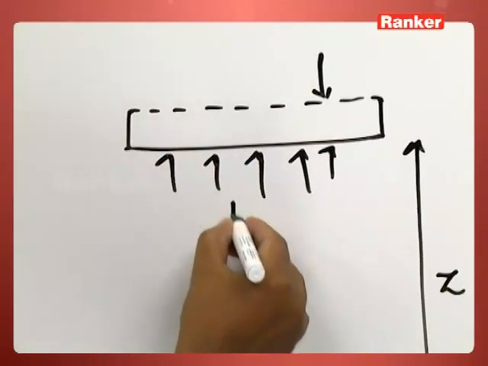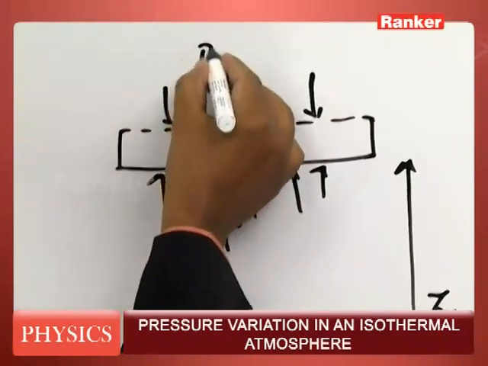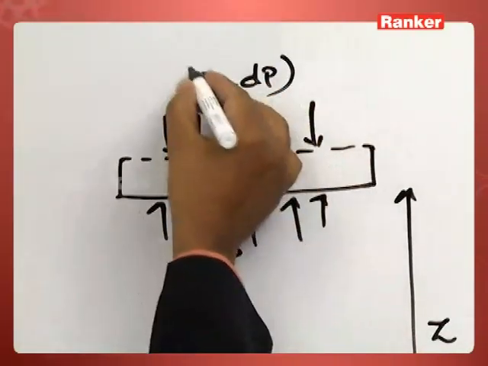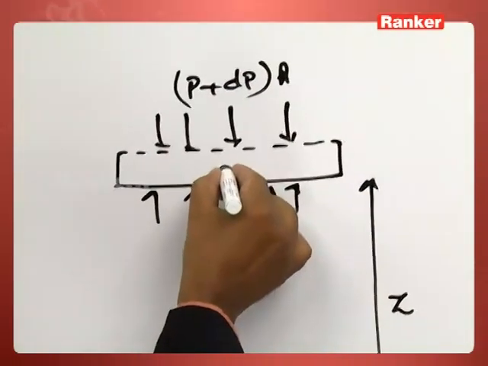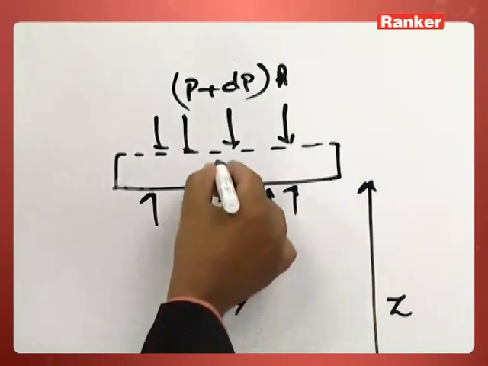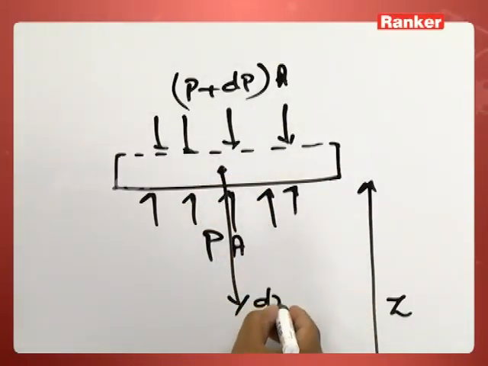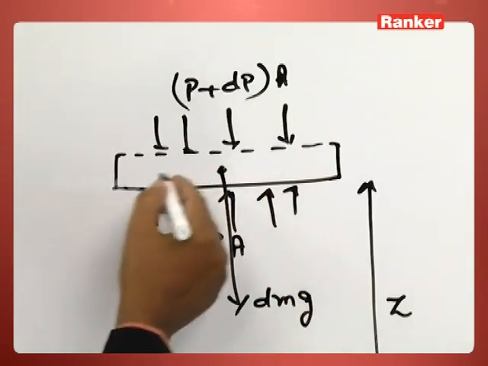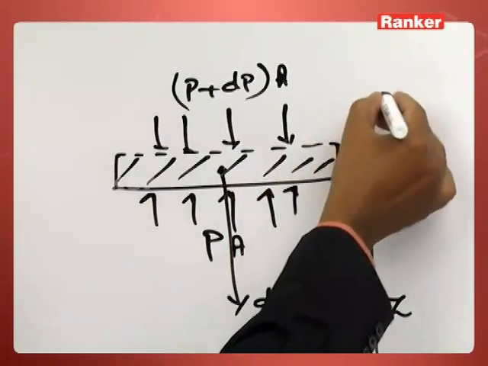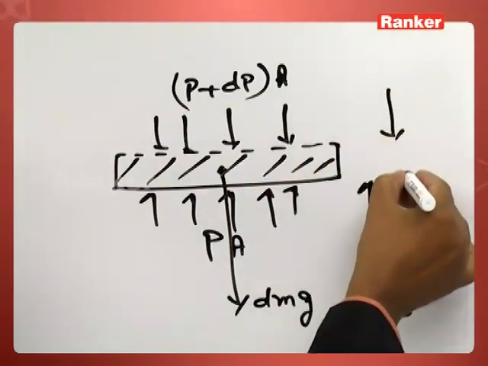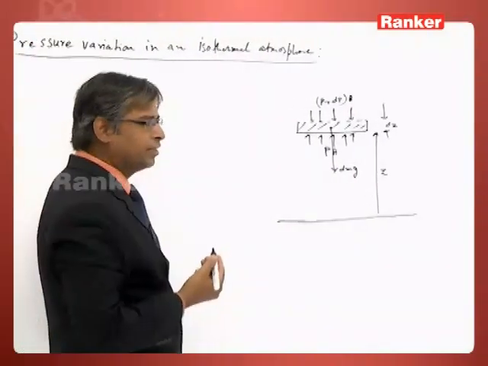From this place the pressure is P. As we go higher, the pressure will become P plus dP. So this is pressure force into area, and the weight will be acting downward, that will be its mass dm into g, that is the weight of the element of this gas. Here the width is dz and the area of cross section is this.